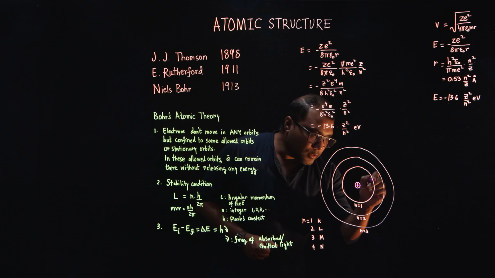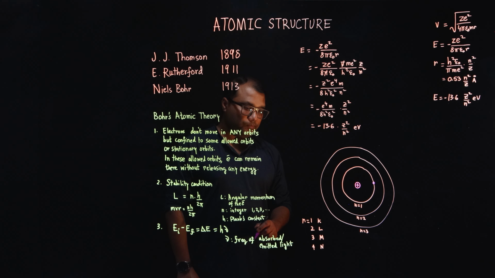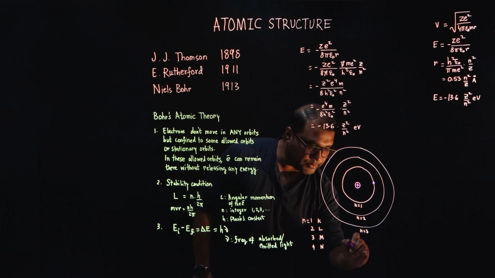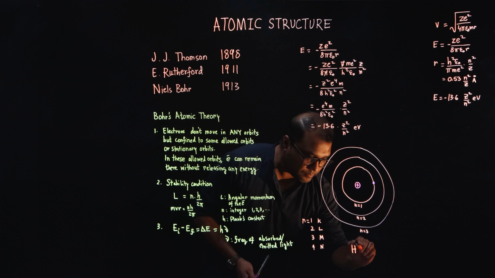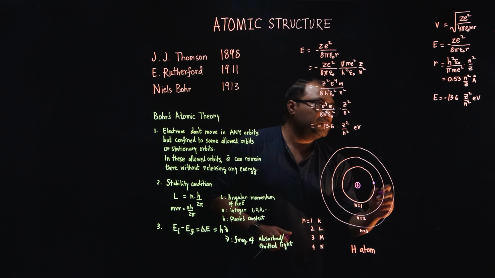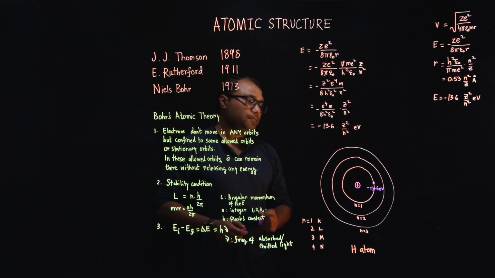So when the electron is in the ground state, which is n equals 1, let's say this is the hydrogen atom. So when n equals 1, how much is its energy? Its energy is minus 13.6 electron volt.